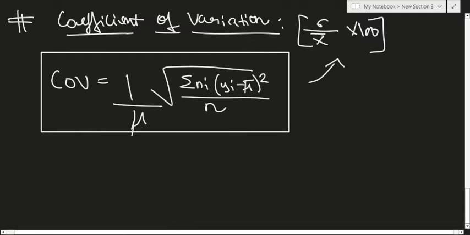This is basically this only, because nu is similar to x bar. From standard deviation we are following the same formulas we use in statistics. We are finding the deviations from the mean income, squaring them and adding them, and we divide by n. So this is basically sigma upon x bar into 100 only.